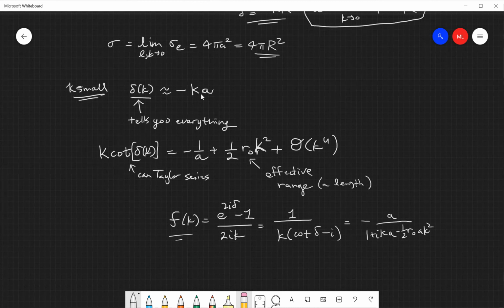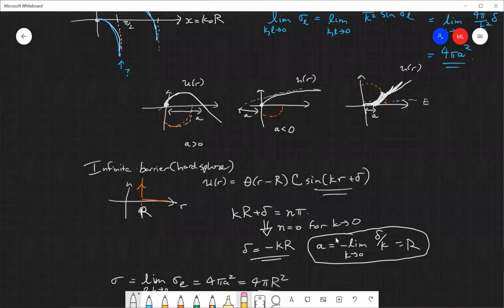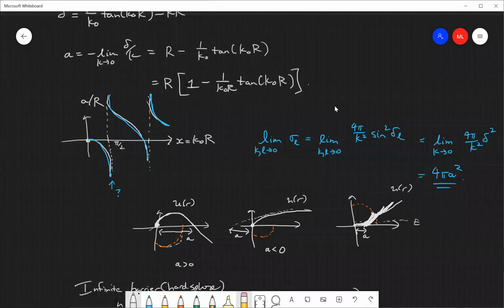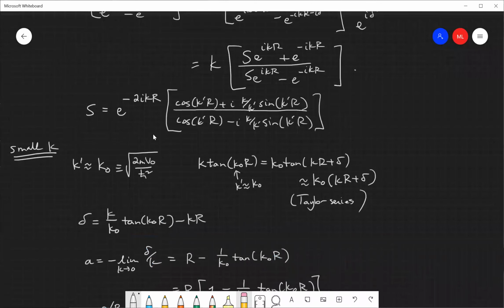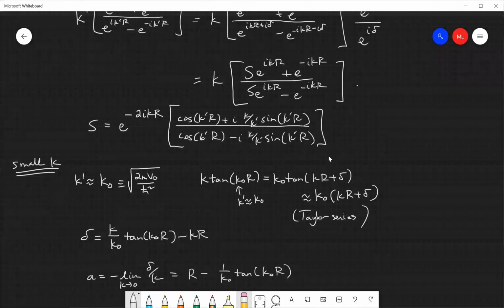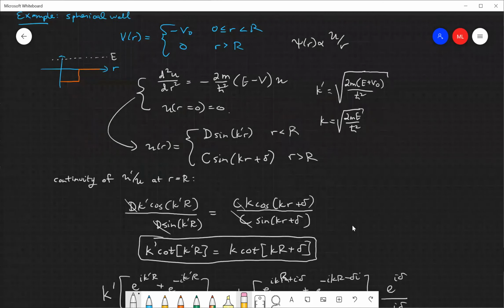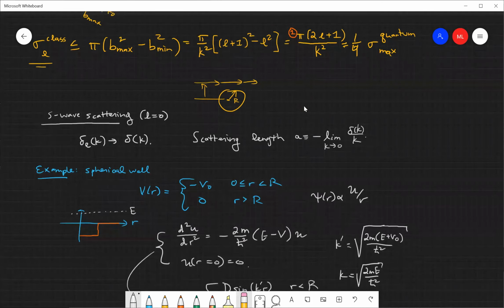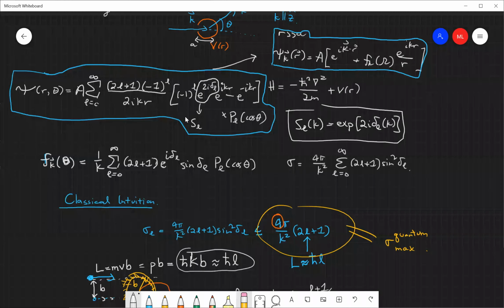Any questions about that? If not, this is a pretty decent place to stop. What we'll do next is go back to our general solution and talk more about this S. The form of S, for elastic problems where energy is conserved, always has the form, remember all the way back at the beginning of class, e to the 2i delta.